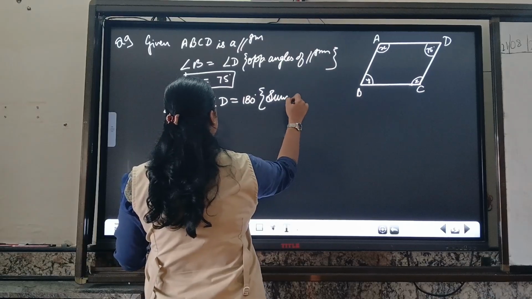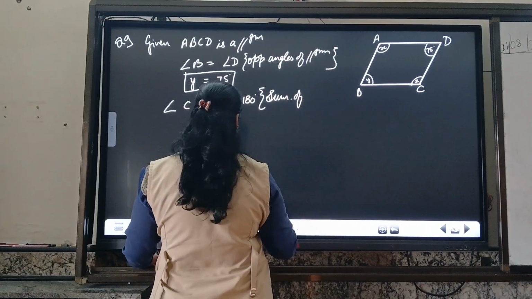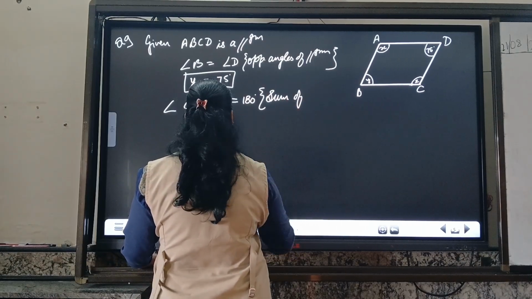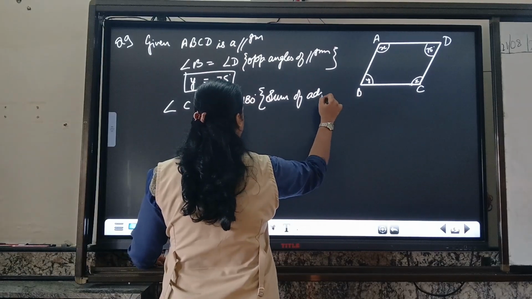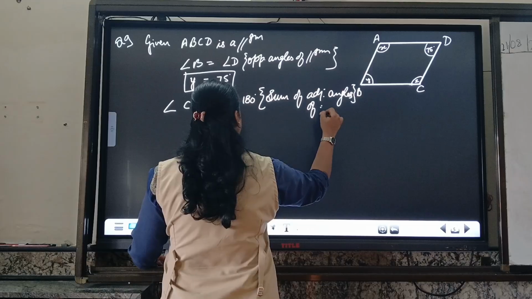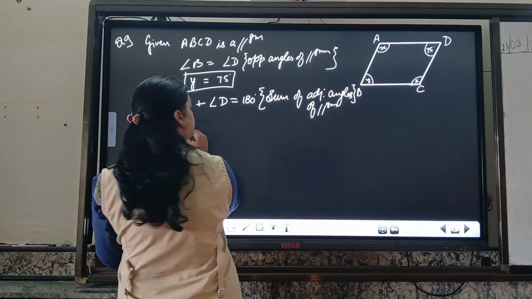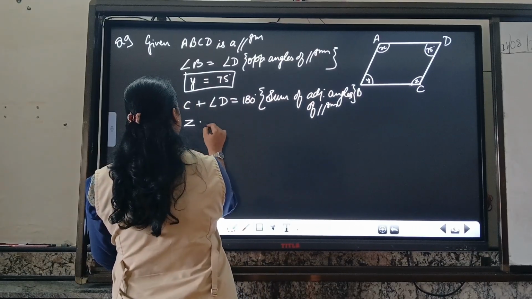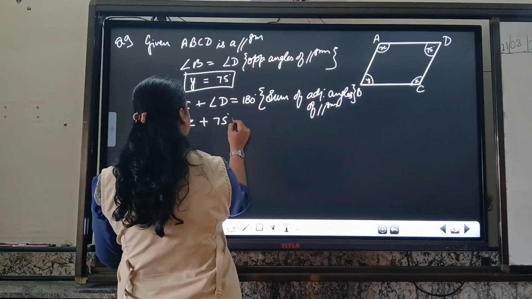Sum of adjacent angles of a parallelogram. So angle C I will write as Z, angle D I will write as 75.